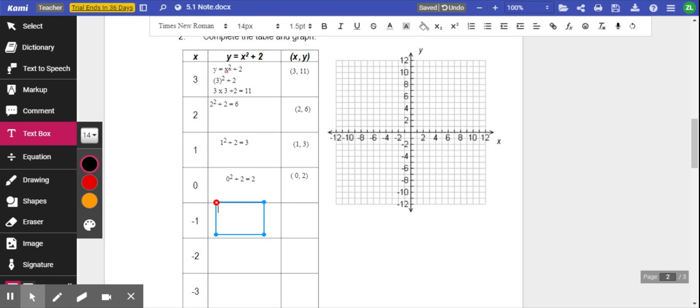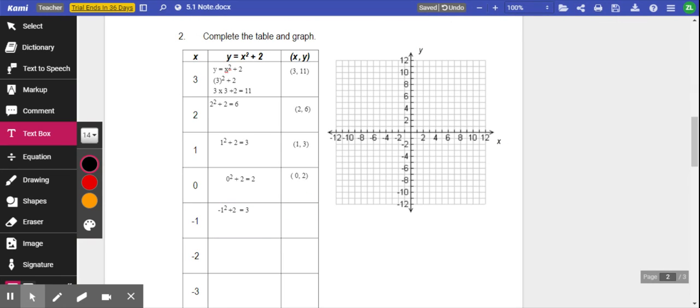So this one here, once again, it's important that we do our -1 squared plus 2. So we know -1 squared from the last one being 1. -1 times -1, two negative numbers equaling a positive, plus 2 being 3.